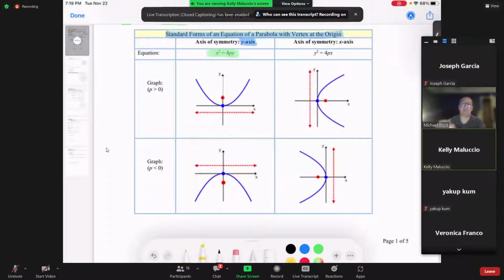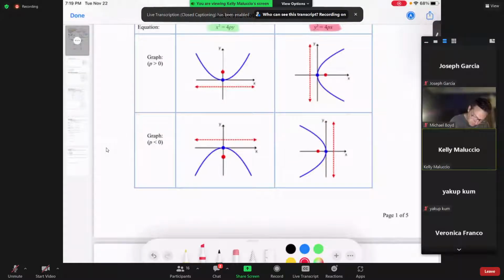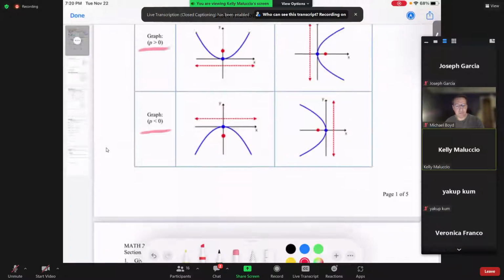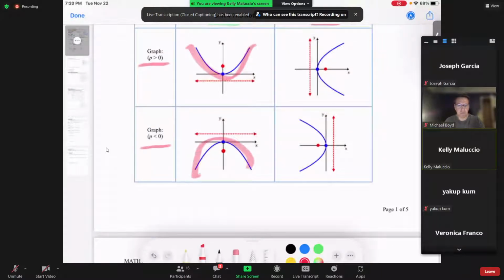So these are just all the different types of parabolas that we have here, right? And we can see, this is kind of your traditional one. And then when the x-axis is our axis of symmetry, it's a little bit more obscure looking to us, but that is when we would have y squared equals 4p times x, okay? And then they're just showing you examples of p greater than 0 and p less than 0, whether it's going up, down, right, or left, whichever way it's opening.